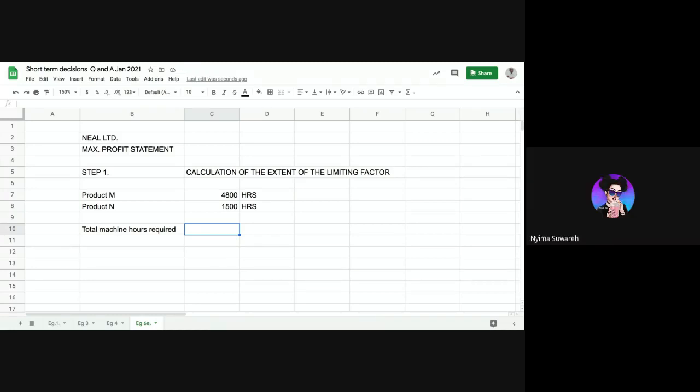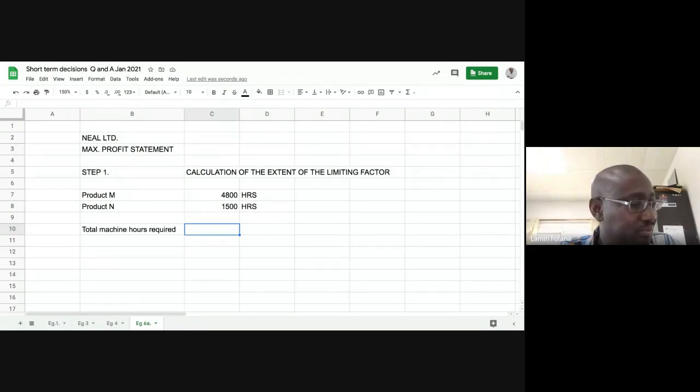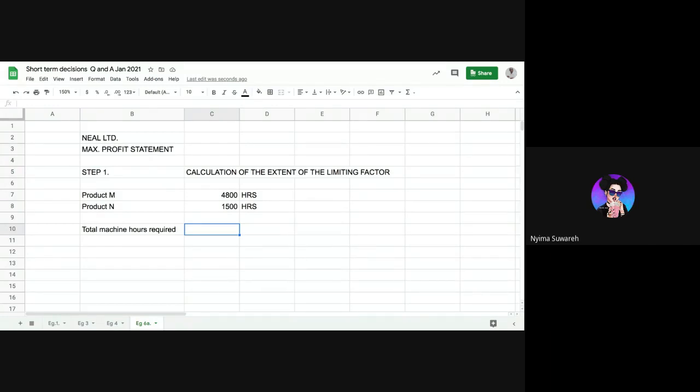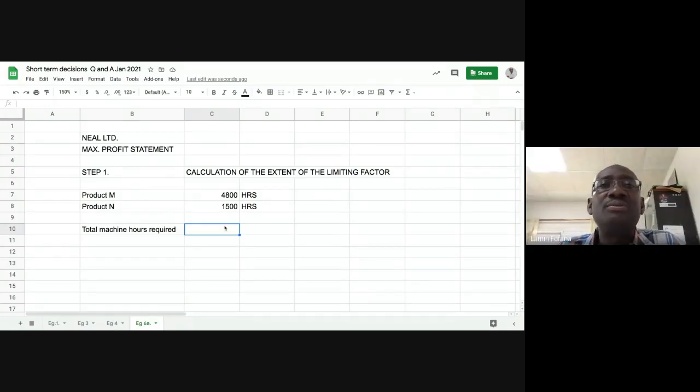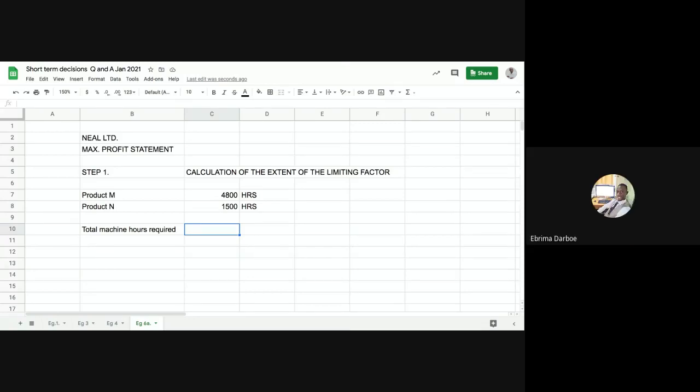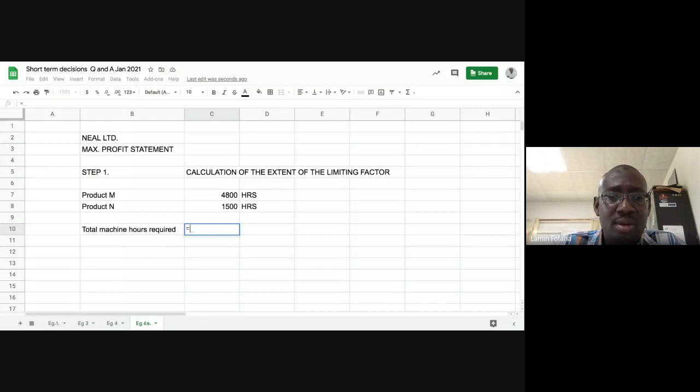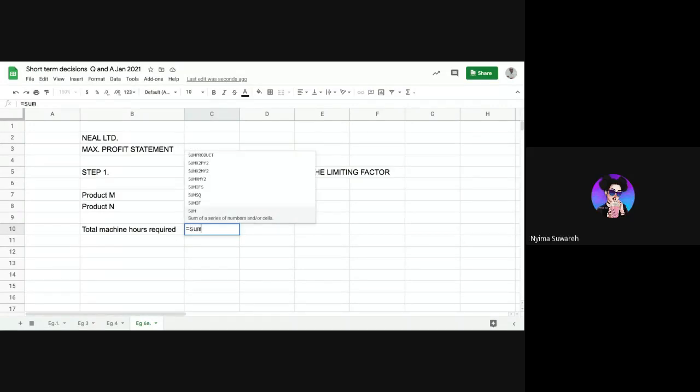So what formula do we use? What sum formula do we put here? Equals sum. Open the bracket.